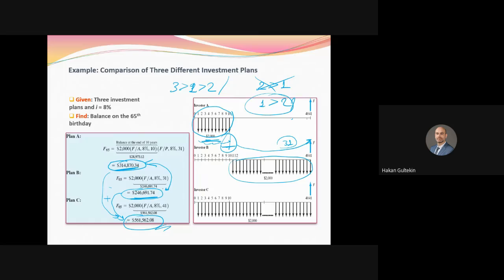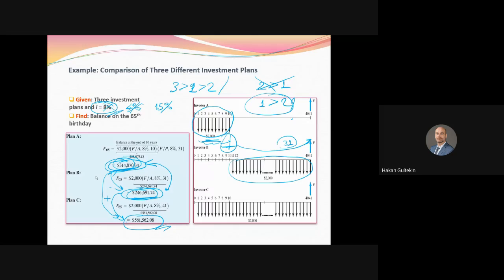Of course, this significance depends on the interest rate. If the interest rate was less, for example 4%, then in that case the second one may be better than the first one. Okay, so this result depends on the interest rate. If the interest rate is even larger, then the first alternative will be even larger than the second alternative.